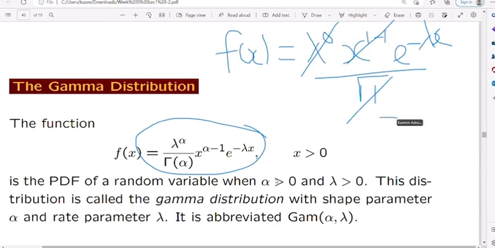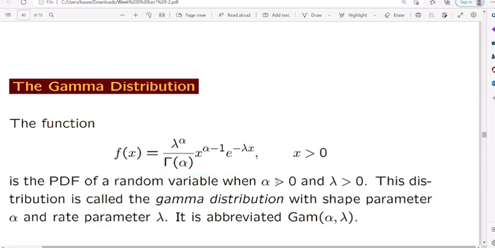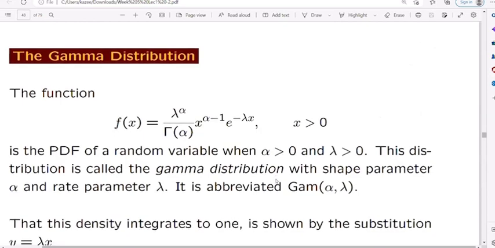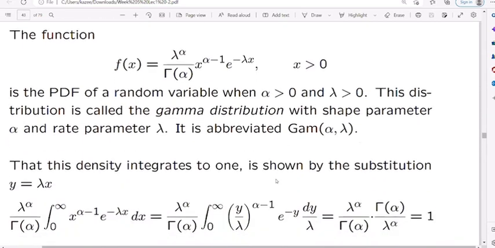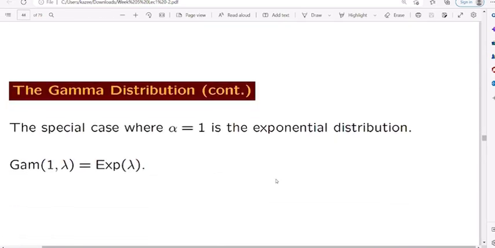What do I have? I got an exponential raised to the power of that, which is still an exponential function. Which means when alpha equals 1, the gamma distribution will actually take us back to exponential.